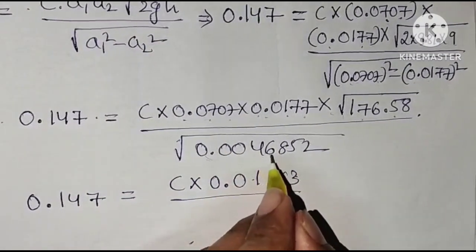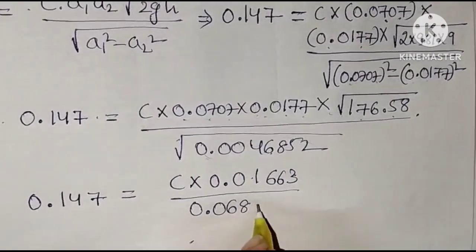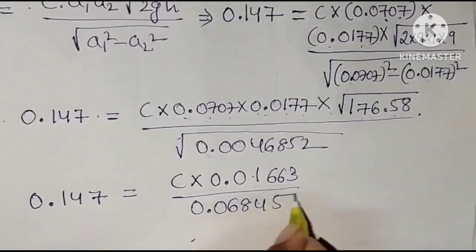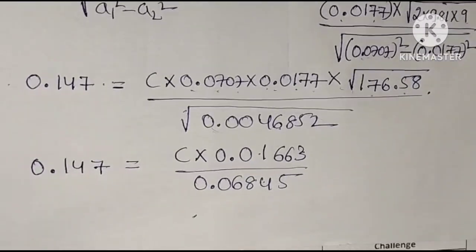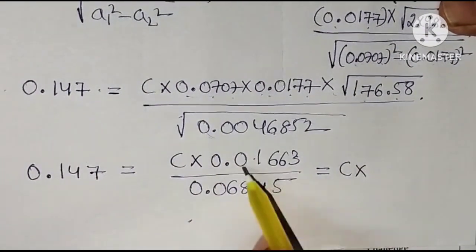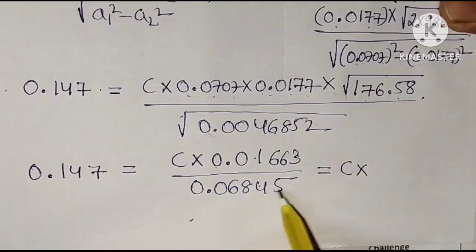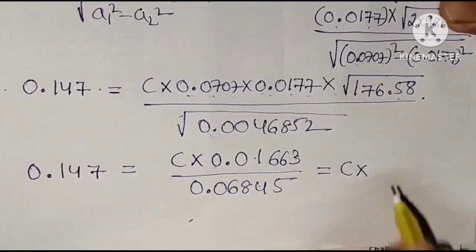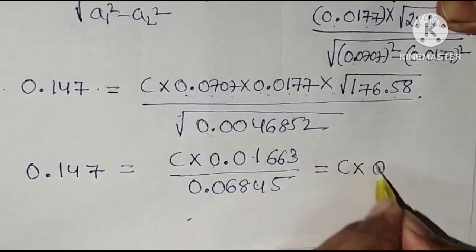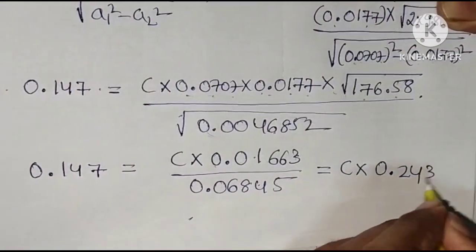The root of this value is 0.06845. Now if you calculate 0.01663 by 0.06845, its approximate value is 0.243.